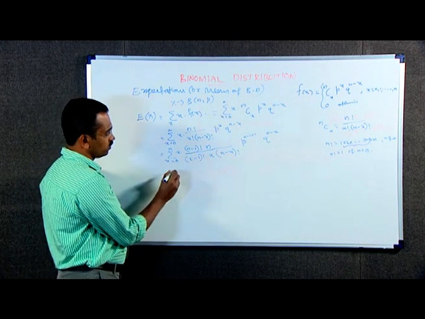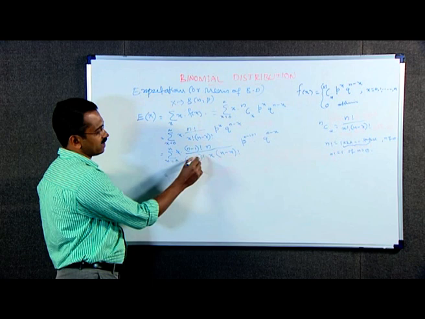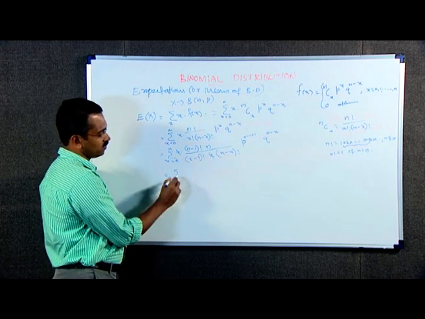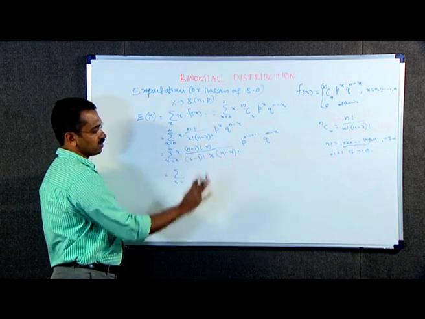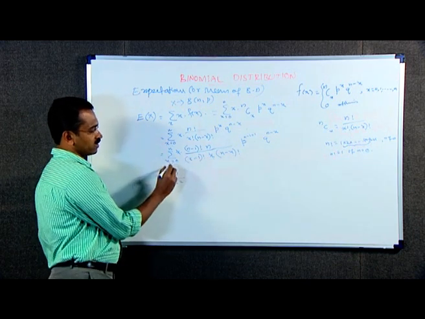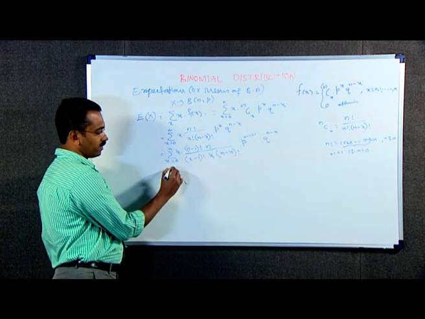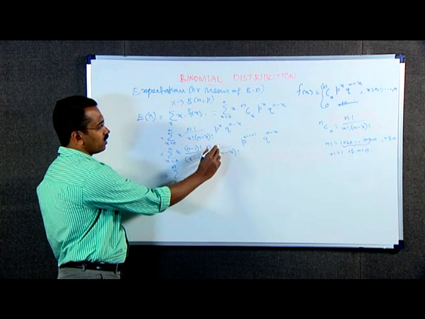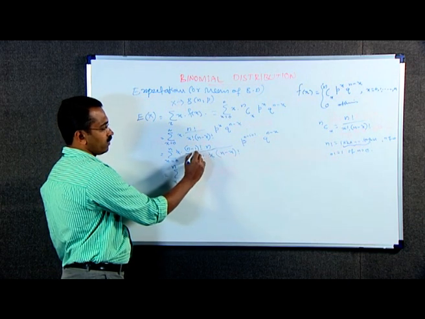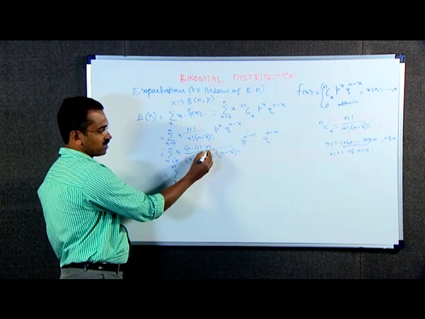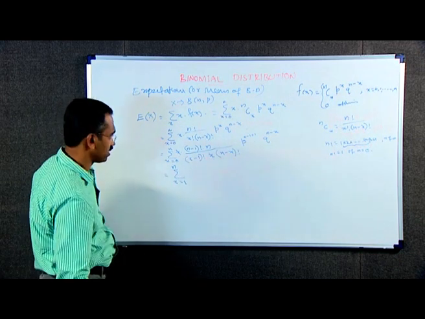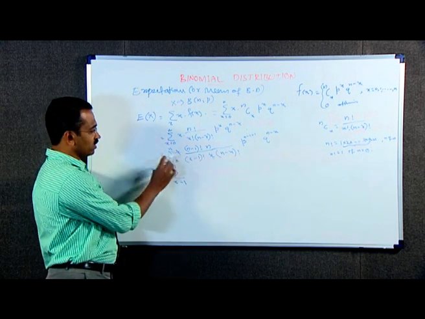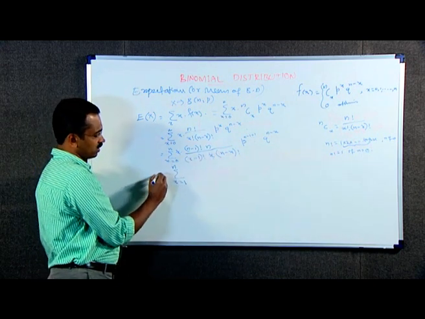This is equal to, here x and x cancelled, therefore, the summation x varies from, corresponding to 0, the terms are cancelled, therefore, x can be taken from 1 to n. Here n minus 1 factorial, this n can be taken outside of the summation, because summation is for all x, therefore, n is a constant that can be taken outside.